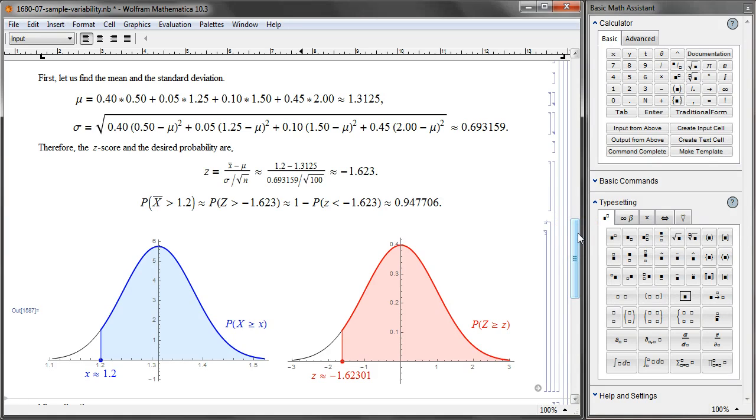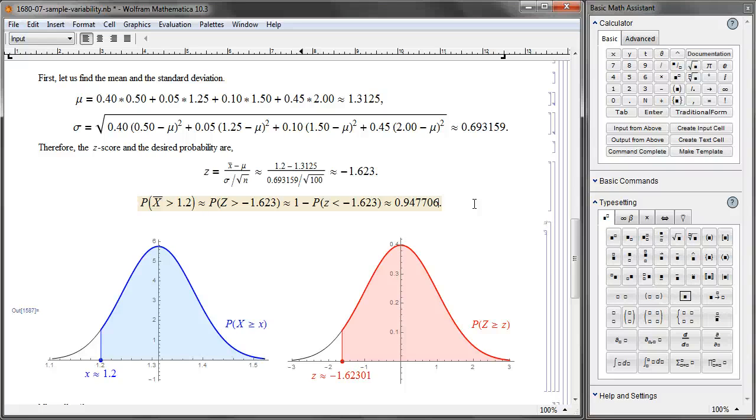Greater than 1.2 goes like this to the right hand side, and in order to find the shaded area, we have to find 1 minus this left hand side where I'm moving my mouse around, because that part corresponds to the shaded part of the z-table. Looking at the z-table, which I'm going to leave you, you're going to get approximately 0.95.